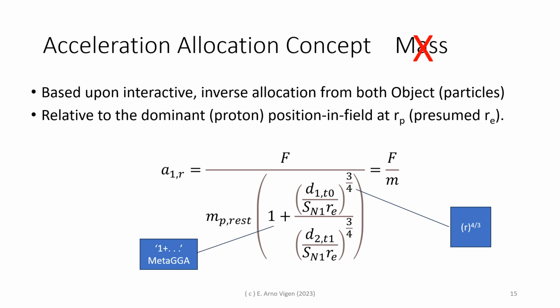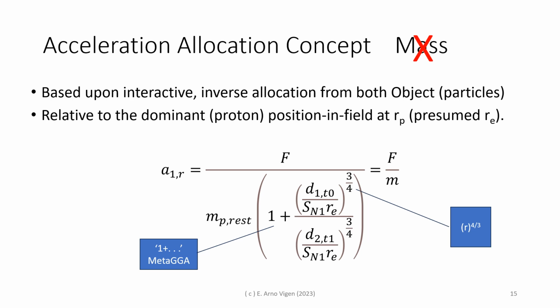Further, it is very clear that it occurs here at the subatomic level based upon the dominant proton position and field versus its radius, which would be the maximum value, which I presume to be all the same radius as the electron. So in the end, force over mass, the Newton concept, needs to get replaced.